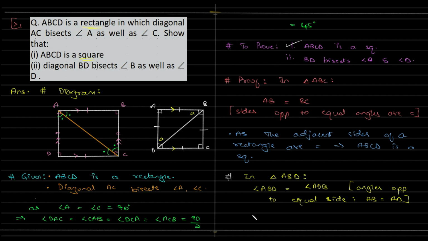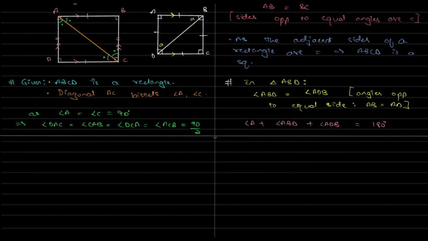Then we have angle A plus angle ABD plus angle ADB, which is equal to 180 degrees. So let angle ABD, which is equal to ADB, be equal to some value A. So we have this to be 90 degrees, right? So this is 90, we already know that. 90 degrees plus this is A and this is A, which is equal to 180 degrees, right?